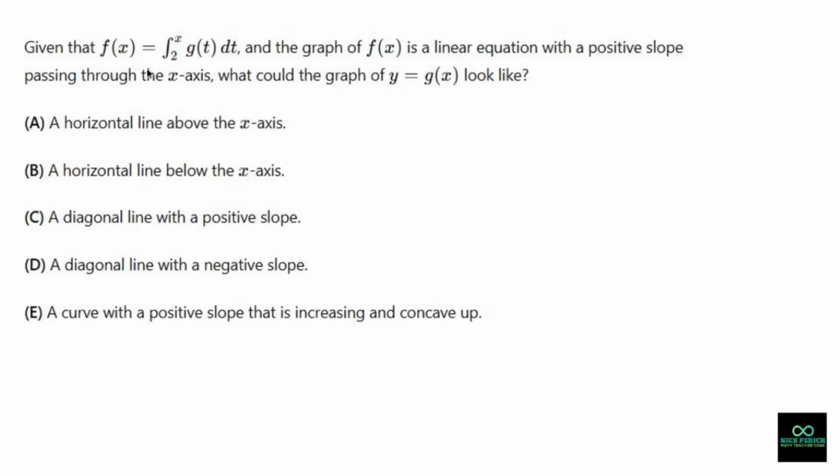Given that f of x is the integral from 2 to x of g of t dt, and the graph of f of x is a linear equation with a positive slope passing through the x-axis, what could be the graph of y equals g of x? All right, f of x is linear with a positive slope.